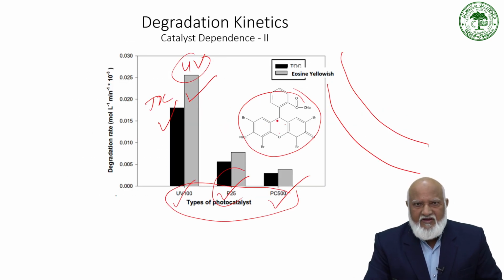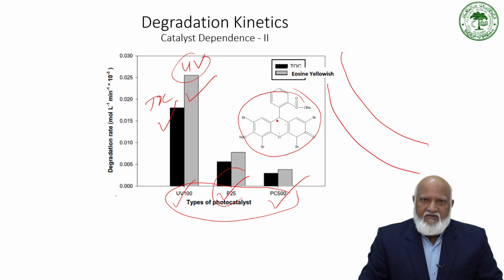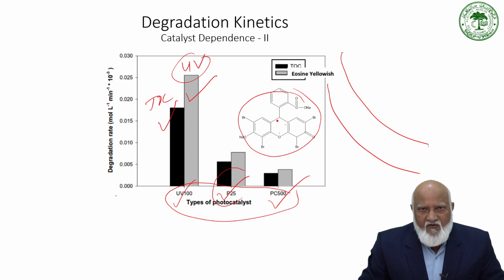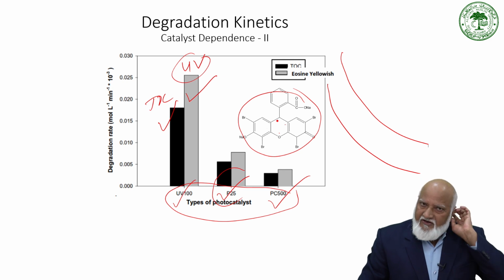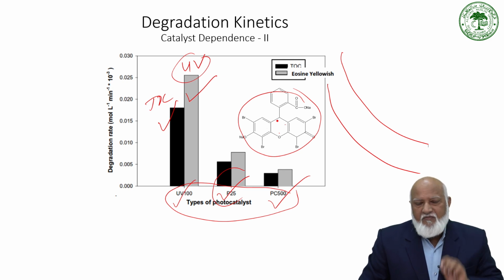So we can conclude that the chromophore present in the molecule is also important as far as the type of titanium dioxide sample is concerned, which differs in surface area, particle size, as well as being an anatase and rutile mixture or a pure anatase.